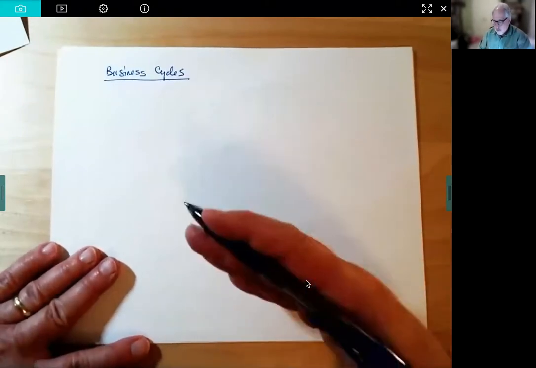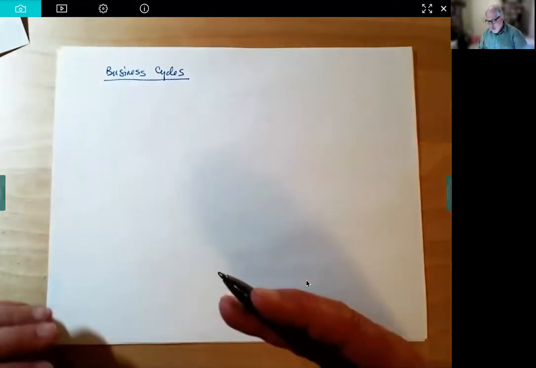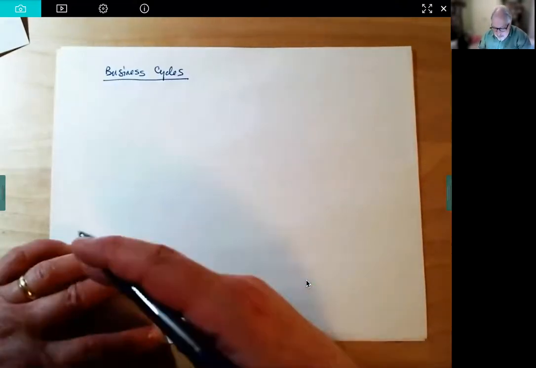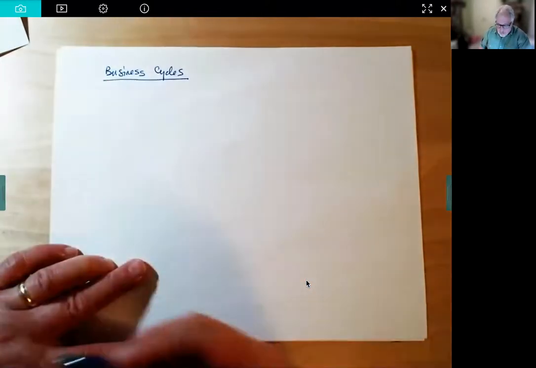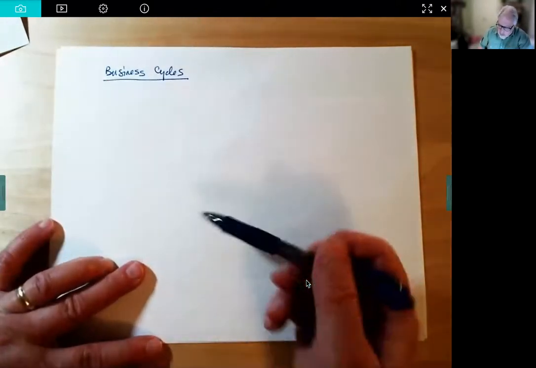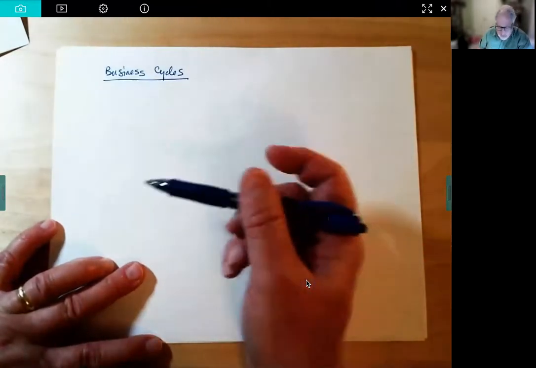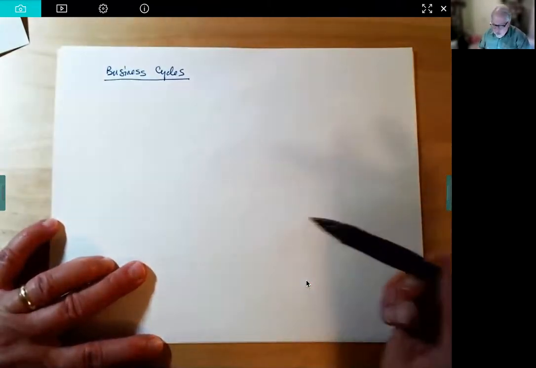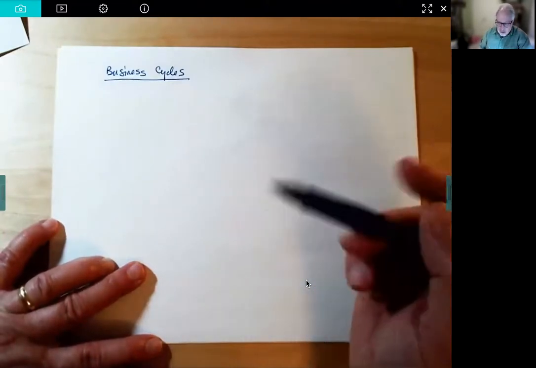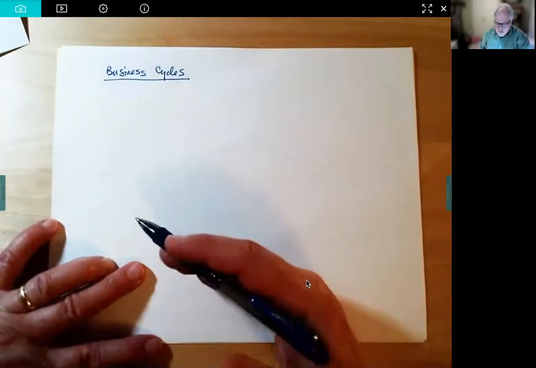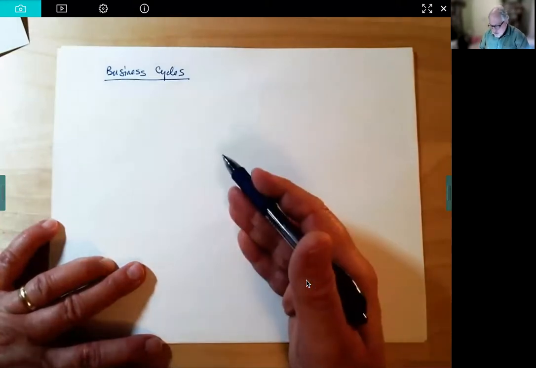So all of what we do in our model is talk about something shocking the economy, something happening, and then following through what happens to all the different variables: real GDP, the real interest rate, the price level, the unemployment rate, level of unemployment, investment, saving, consumption, as a response to those shocks.